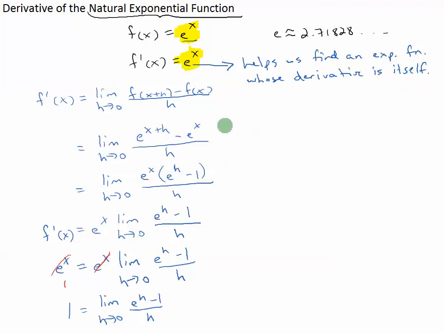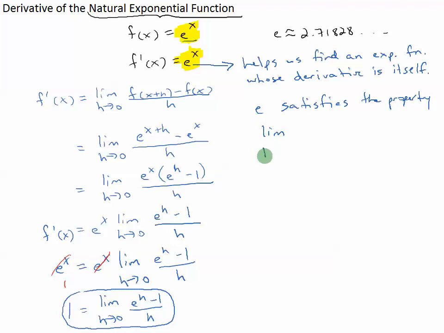So e is the number for which this statement is true. E satisfies the property that the limit as h approaches 0 of e to the h minus 1 all over h equals 1.